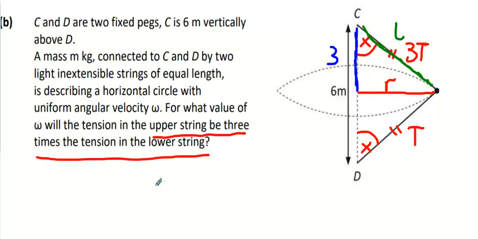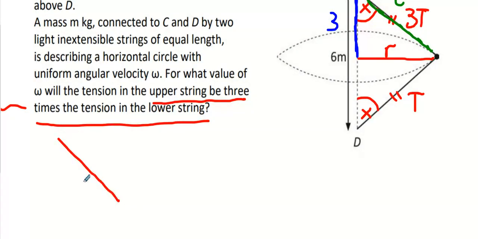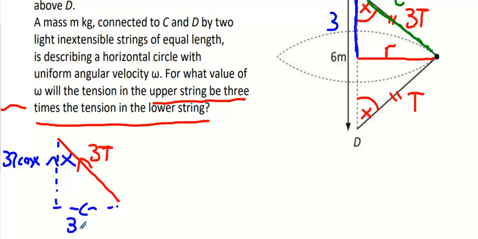Now here's what we're going to do. I'm going to take 3T, which is acting in this direction here, and resolve it into its two components using the angle x. So what do you reckon? 3T cos x going upwards, and then 3T sin x going into the center of the circle.